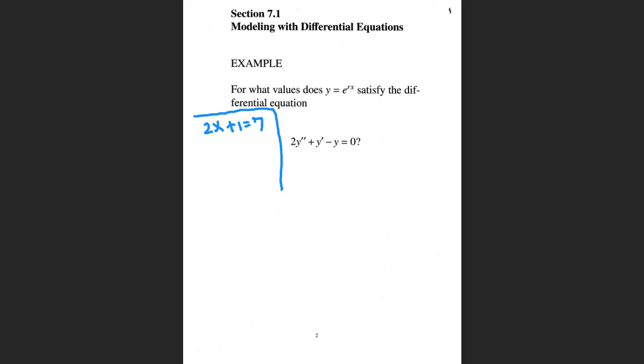We have a differential equation here that we don't know how to solve, and you're being told that e to the rx is a solution to the differential equation.